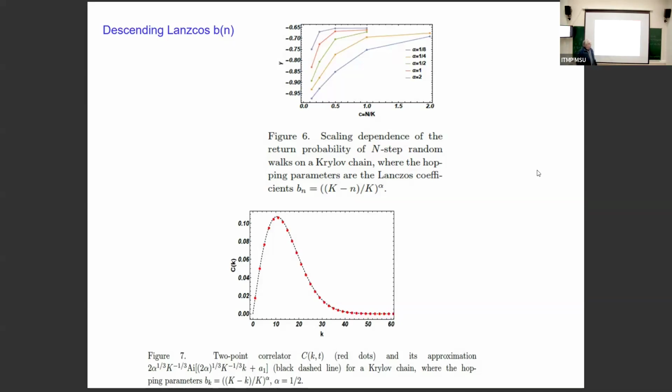With three different coefficients, you see that of course there are some differences, but the late time asymptotic is here, and they have the same asymptotic behavior. What is indeed important is the difference between the infinite dimensional Krylov chain and the finite dimensional one. In the infinite dimensional situation, we have only the growth part of the coefficient, but for the finite one, we have both of them.